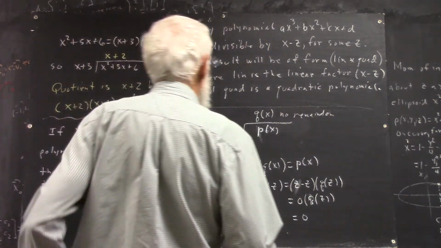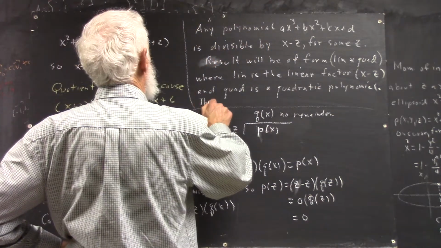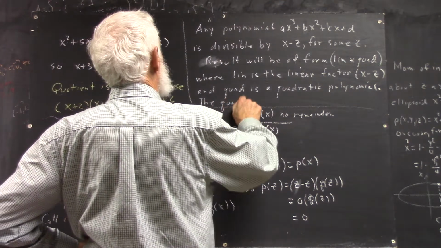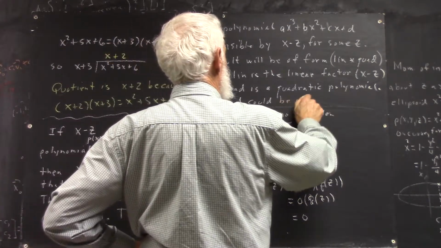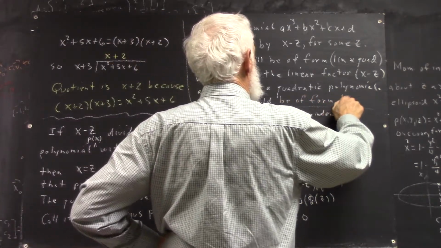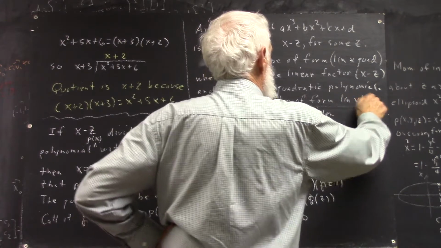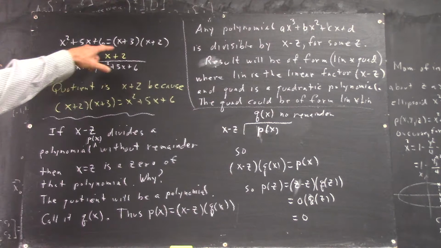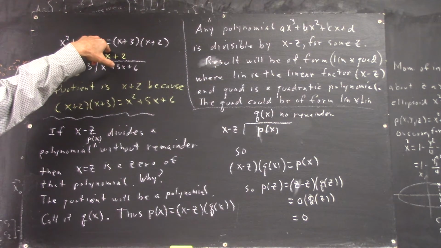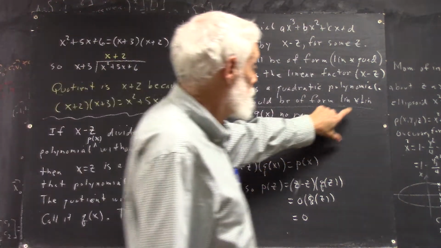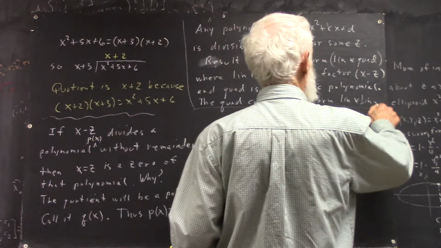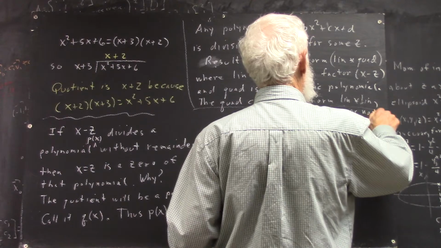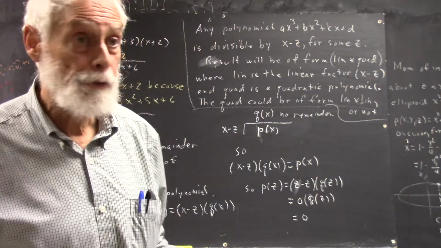So this quadratic could be a product of two linear factors like this one, right? Okay? Or not, because it might not have zeros, right?